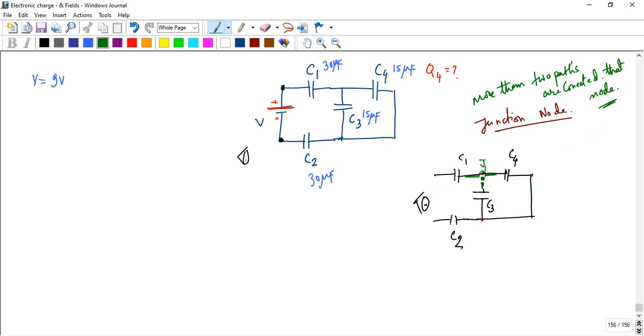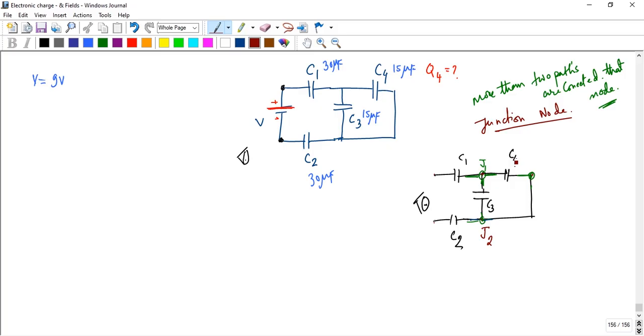If only two paths are connected, path 1 and path 2, then that node is not a junction node. This other point is obviously a junction point because three paths are connected, so name it J2. These two points have only one path, so they are not junction points.